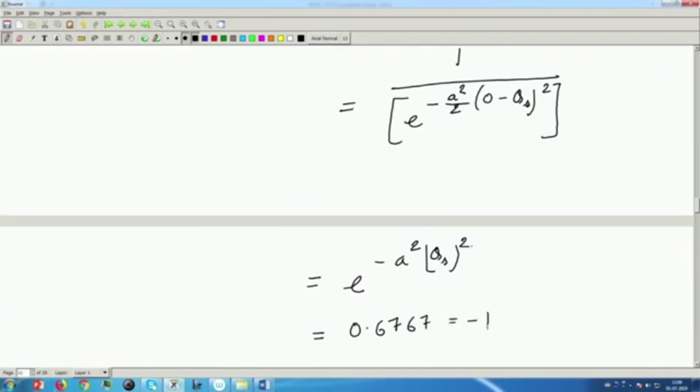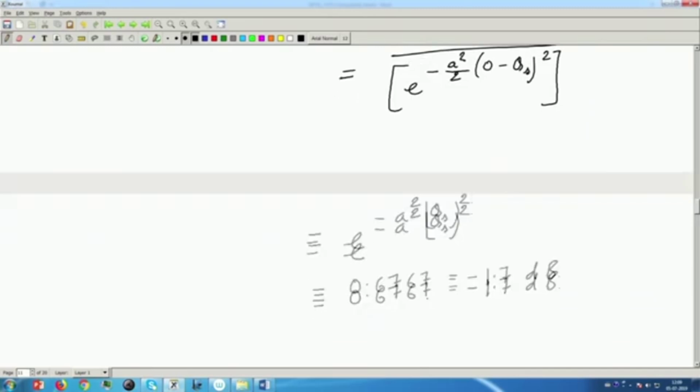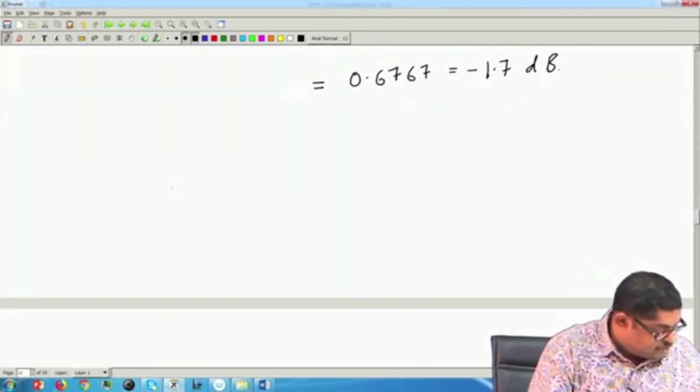So, that is minus 1.7 dB. So, that is the loss in signal power, because the power pattern was given.